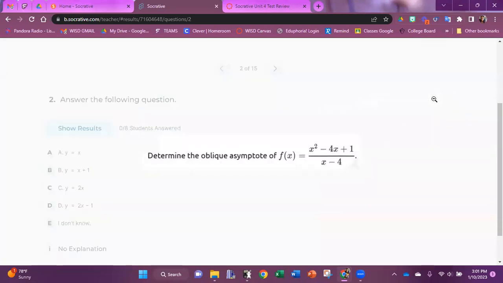You're supposed to have been writing it down in the beginning. Here we go. Your next function. So you have f of x equals x squared minus 4x plus 1 divided by x minus 4. Determine the oblique asymptote. Oblique is another word for what? Slant. All right. 90 seconds on the clock.